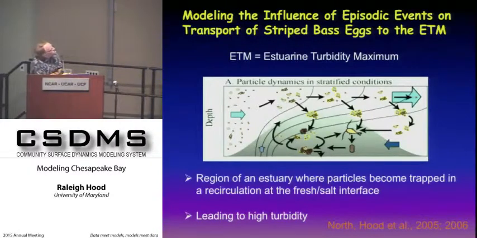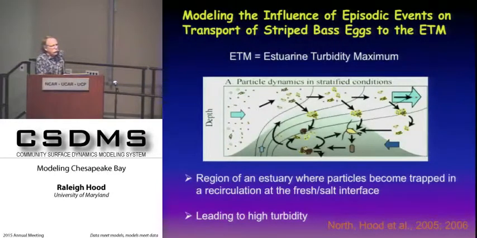An ETM, that's the estuarine turbidity maximum, and it turns out in most estuaries that at the head of the estuary, where the salt water comes in, and these are isohalines, the salt water comes in the bay and meets the outgoing fresh water, which comes down and flows over the top.